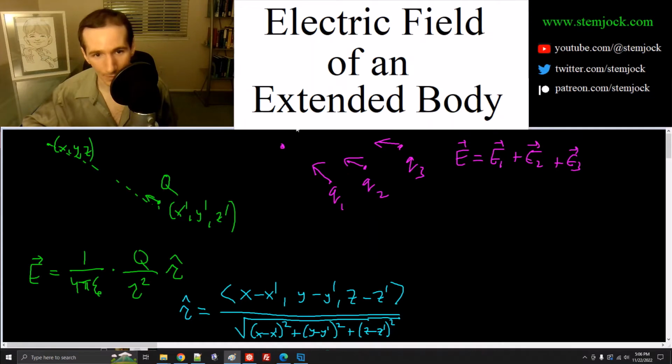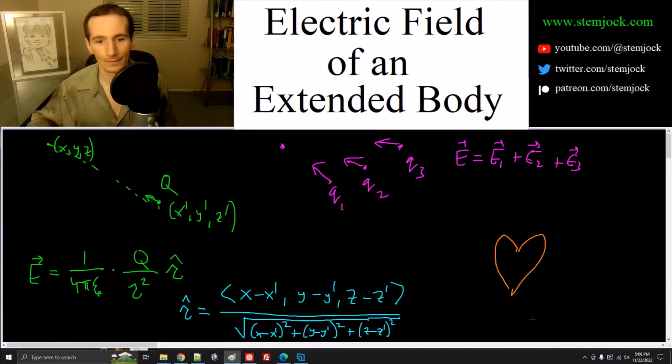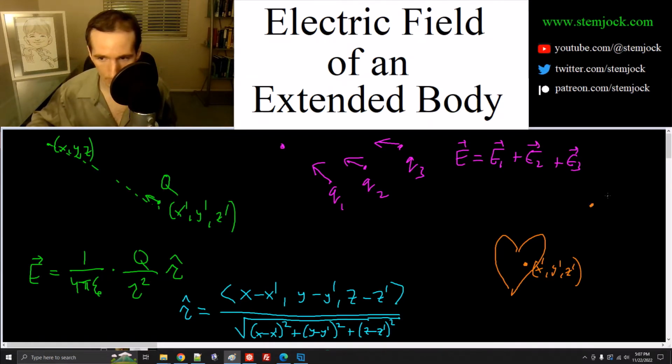So if we have an extended body, say we have this shape right here, what we do is we label a particular point, x prime, y prime, z prime, and say we want to know the electric field at this point in space, x, y, z.